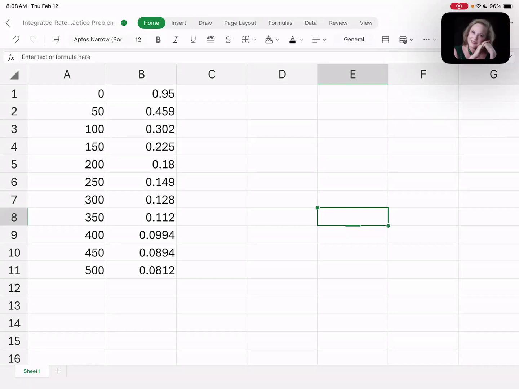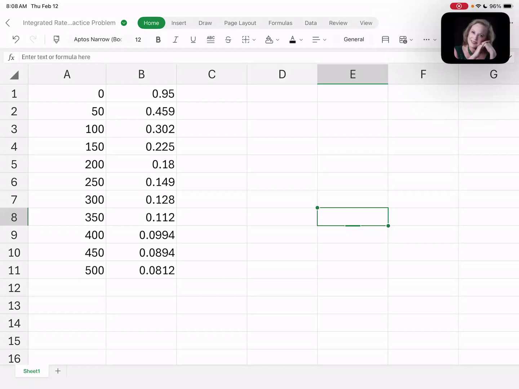The second practice problem is we're going to look at a graph, and we are going to determine some information based off of the pre-made graph. So those are the two practice problems we have. Any questions? Okay.